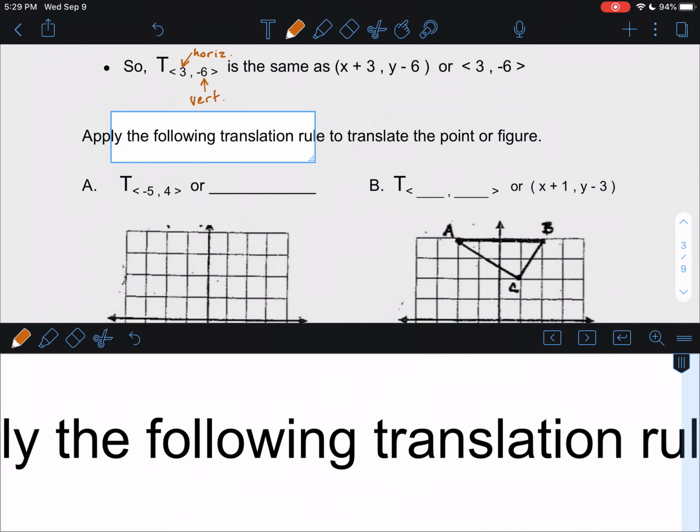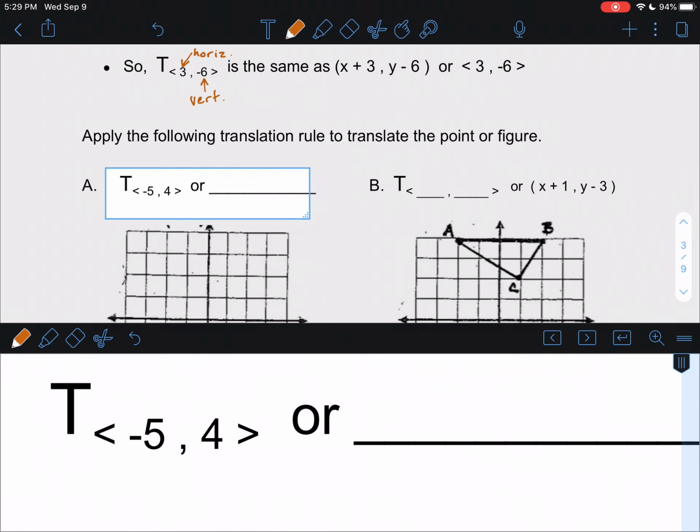So apply the following translation rule to translate the point or figure. So I have this T, and the reason it's a T is because it's a translation.